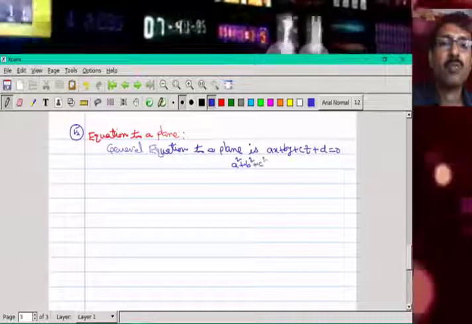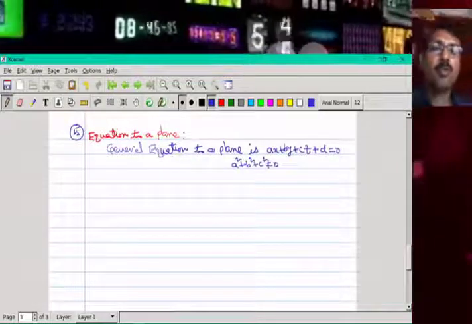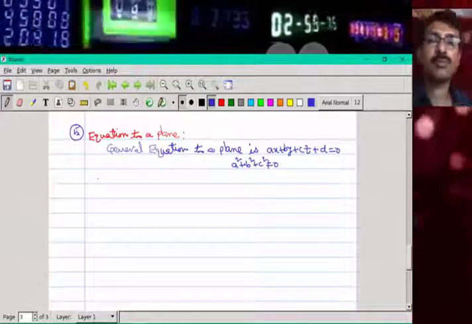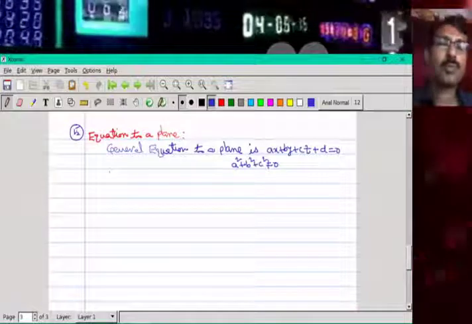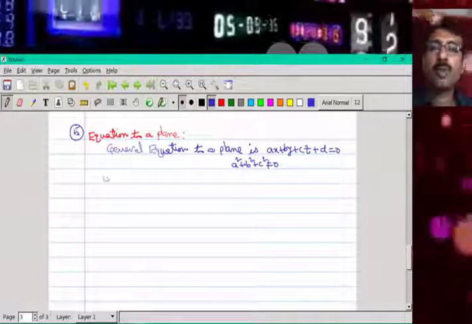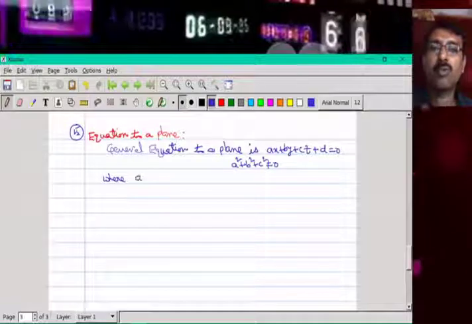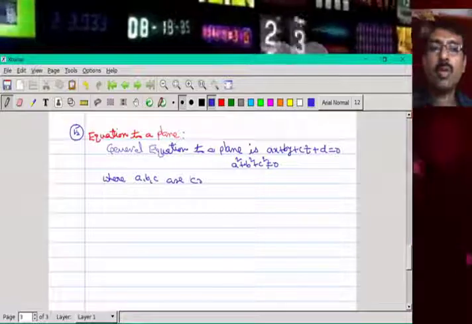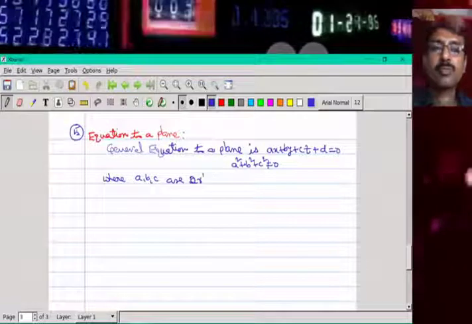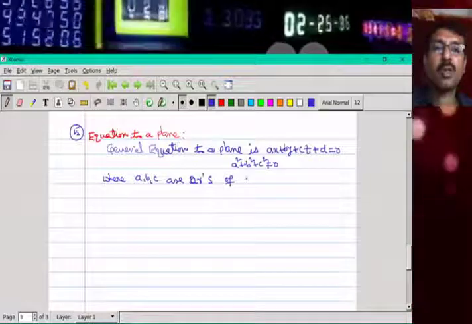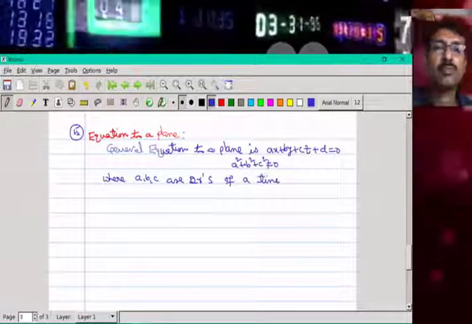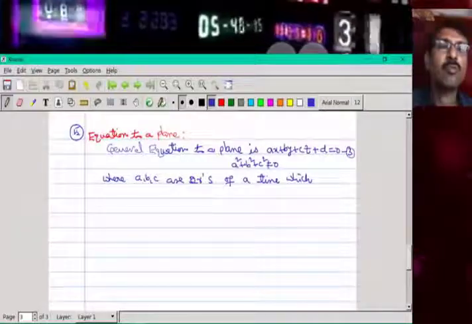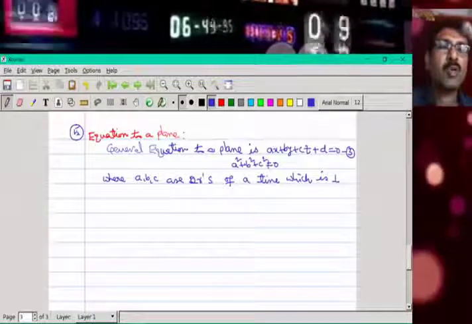That is, a square plus b square plus c square should not be 0. Here a, b, c are DRs of a line which is perpendicular to the plane.